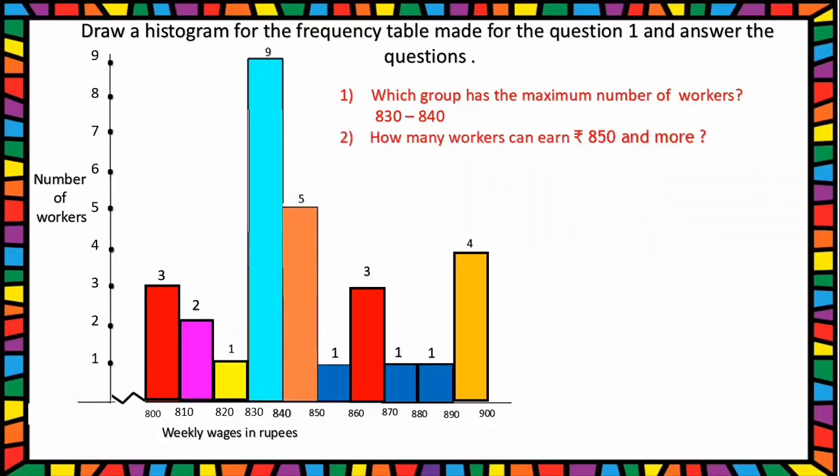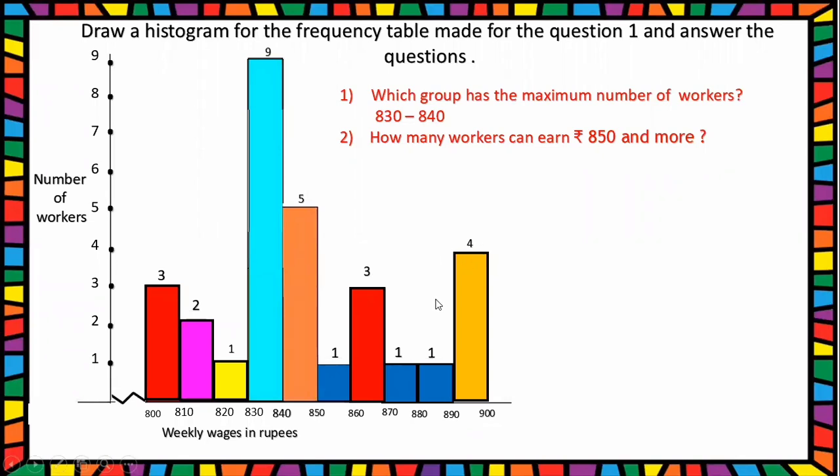Second question: how many workers earn rupees 850 and more? So you have to start from 850 and more, so check 850 to 900. 850 to 860, only 1 is getting; 860 to 870, 3 are getting; 870 to 880, 1 is getting; 880 to 890, only 1; 890 to 900, 4 are getting.